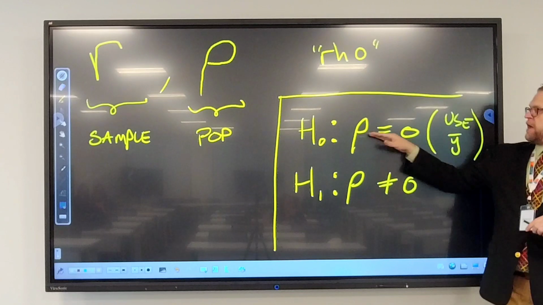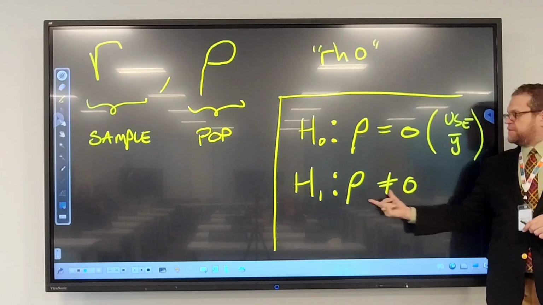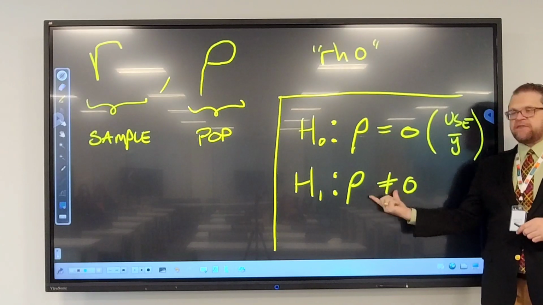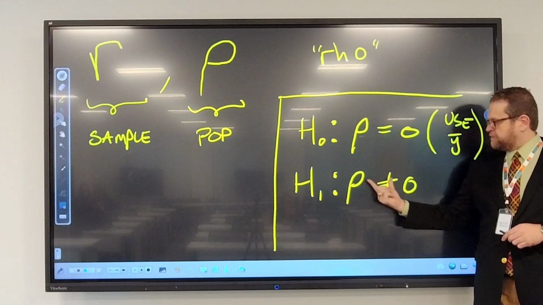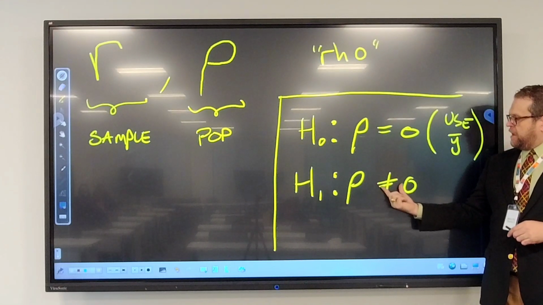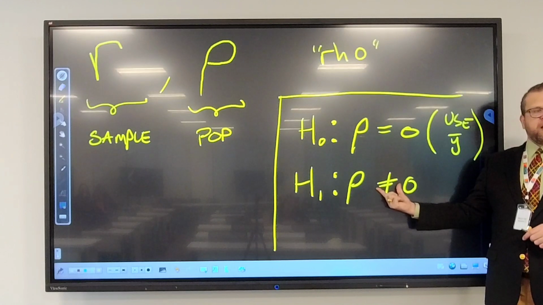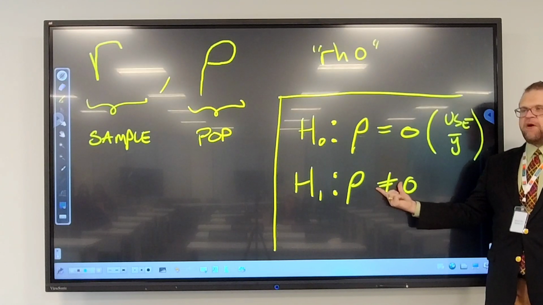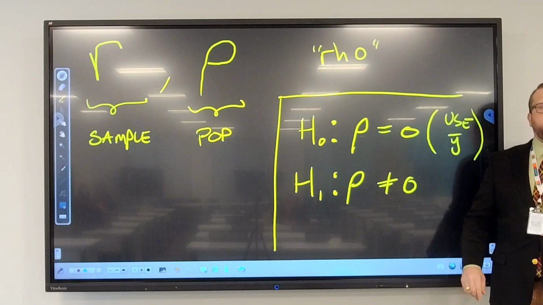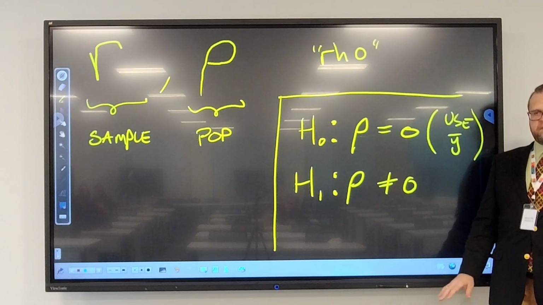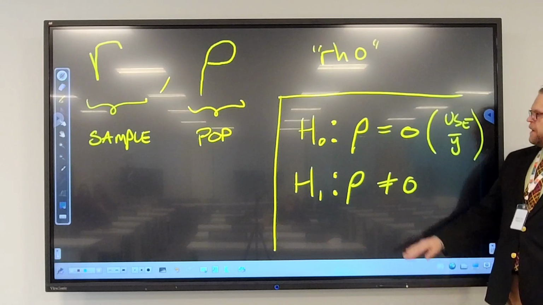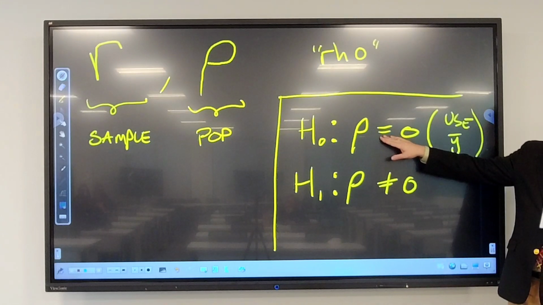However, if I reject this guy, then I have evidence to support this one, that the correlation coefficient for the population is different from 0. Now, I don't know if it's positive or negative. All I know is that it's not 0. That means there is some trend. It might be small, but at least it ain't nothing.